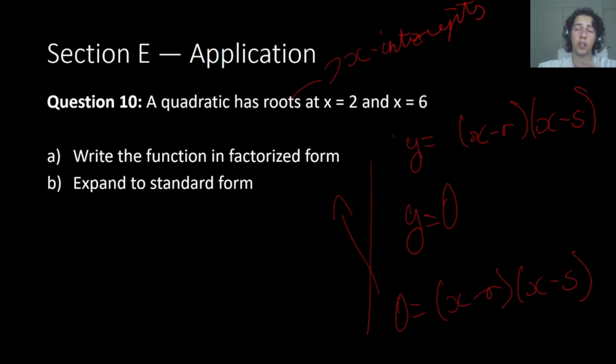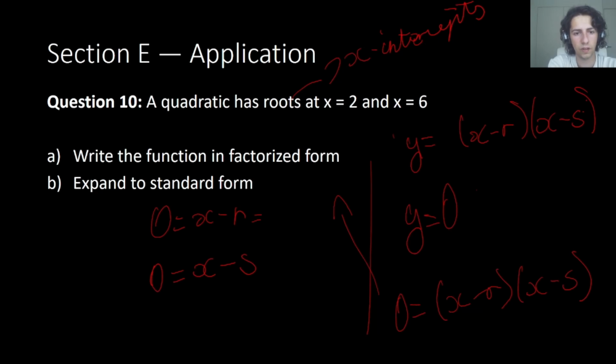Remember, in null factor law, because the polynomials are multiplying each other, if one of them equals 0, then the whole thing equals 0. So we can split the two polynomials up: 0 equals x minus r, and 0 equals x minus s.